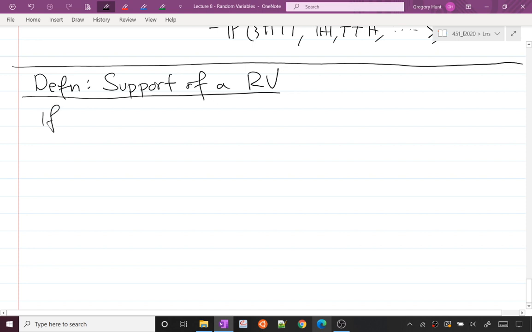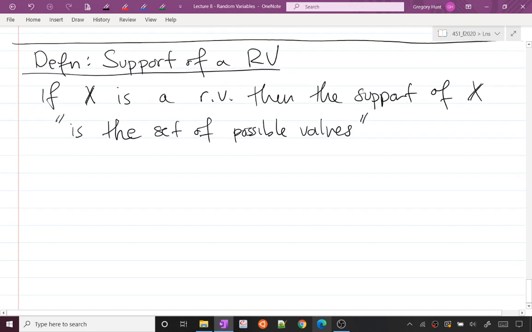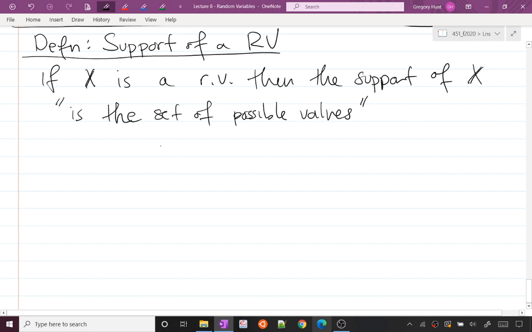So if x here is a random variable, then the support of x is basically, we'll say, the set of possible values. And right now we're going to say that that is basically the image, Im.